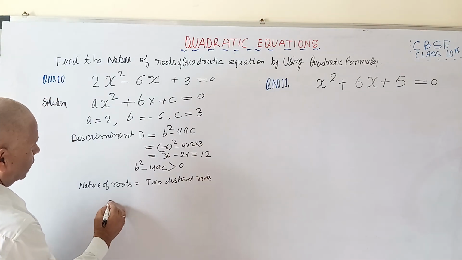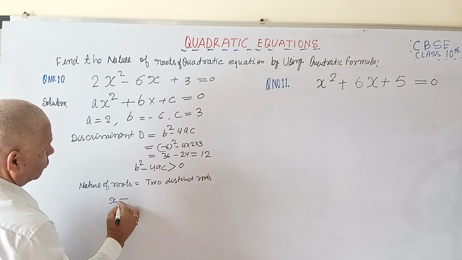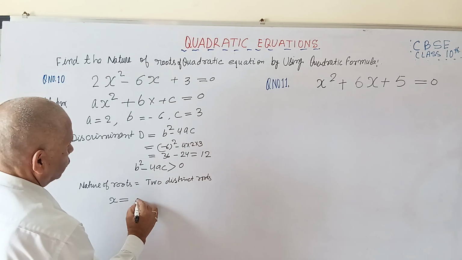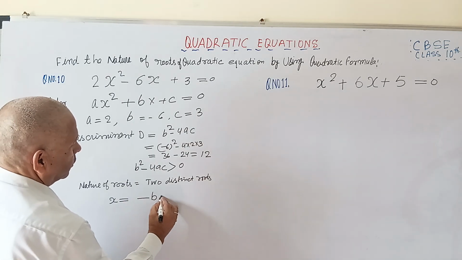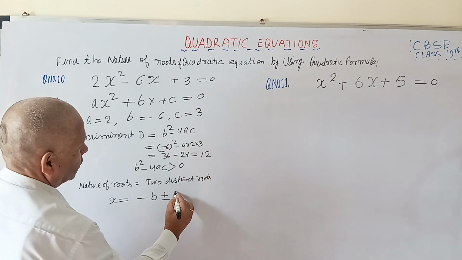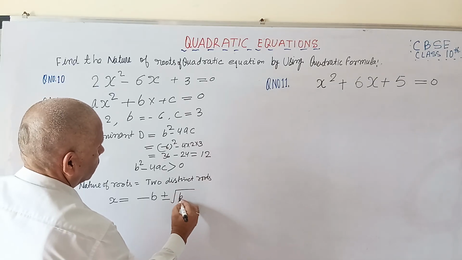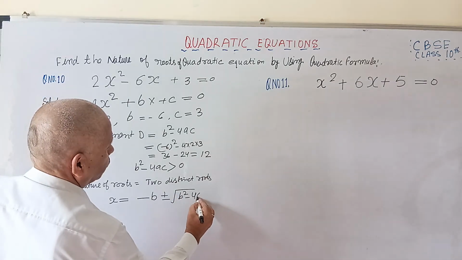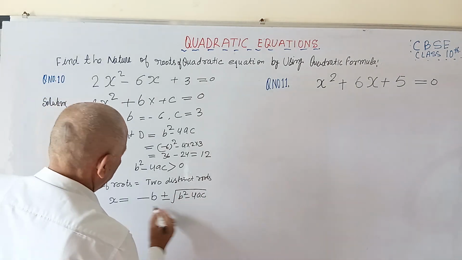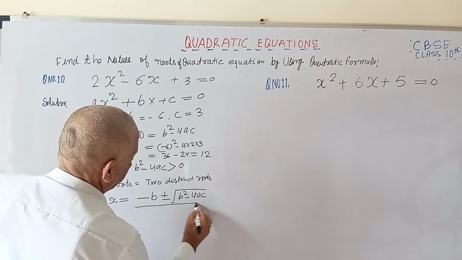For that, the quadratic formula is x equals to minus b plus minus under root b square minus 4ac upon 2a.